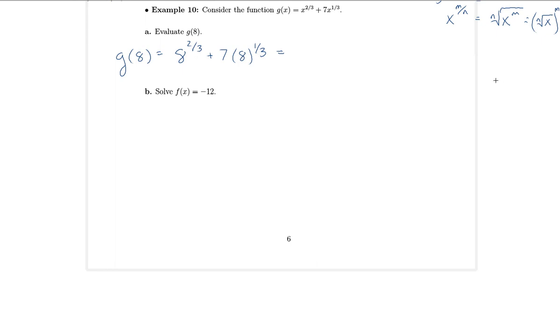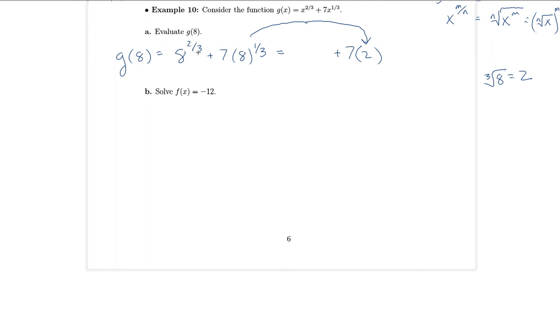So we know that the cube root of 8 is 2 from our work earlier with the cube root graph. So we can change that to a 2. So kind of doing this in reverse order, aren't I? But 8 to the 1/3 becomes 2. And then this one, I'm going to square it afterwards, right?